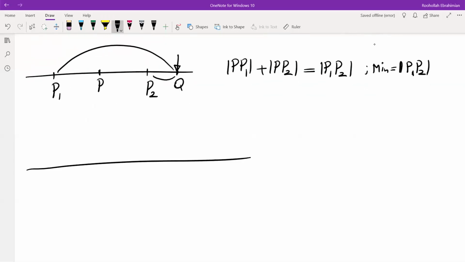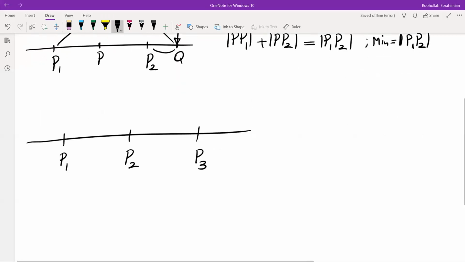And that is obtained by any point between P1 and P2. Okay, so now let's look at the case of 3 points. So it looks like the order of these points does matter. Let's see what happens if we have a point P. In order to minimize the distance between P and P1 and P and P3, I would basically have to put P in between.